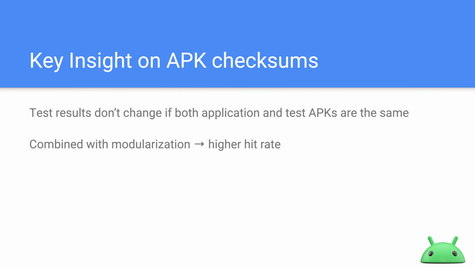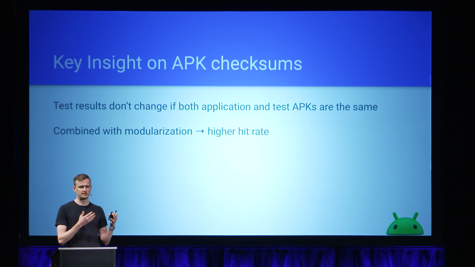The key insight of one of my coworkers is that, similarly to the way tests are cached for JVM tests, if the binary jar has not changed, the test results will be identical. The same is true for Android. If the APKs, the packages that we're shipping, are not changing and the device is kept constant, the test results will stay the same.